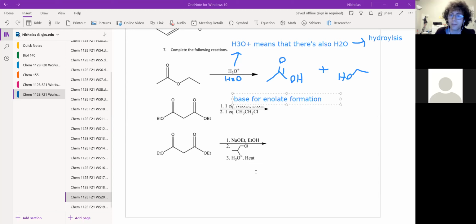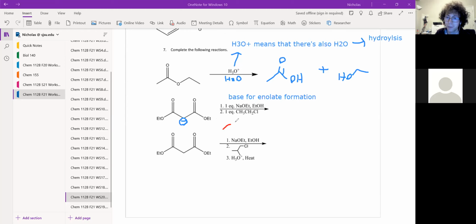And just like all the other reactions today, the purpose of the base is to form an enolate. We're going to form it here because this spot is alpha to two carbonyls. That's a very acidic proton. So that's where the base attacks. Since it's so acidic, you form this enolate.